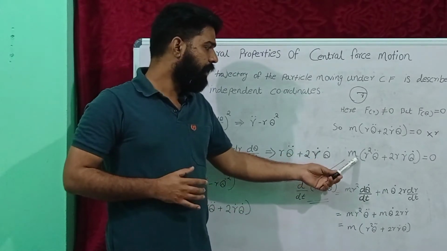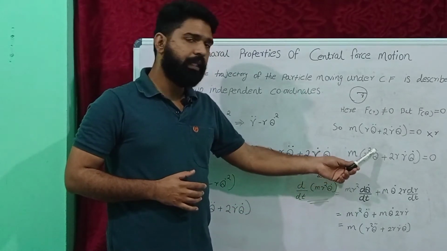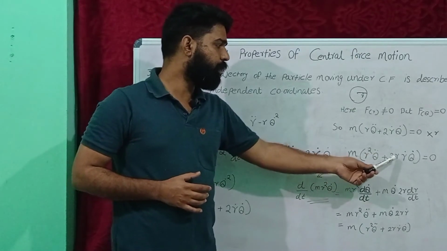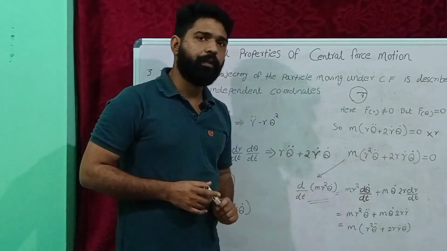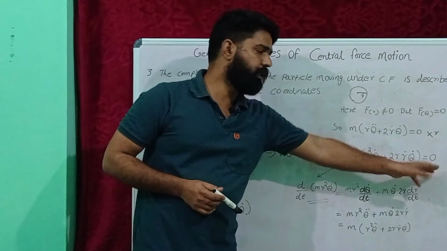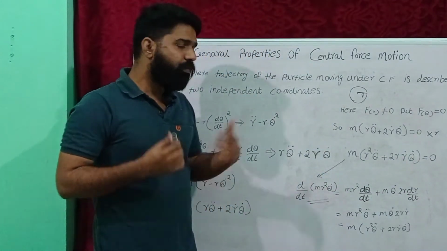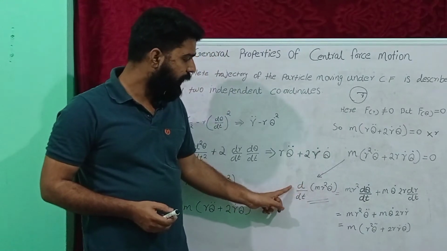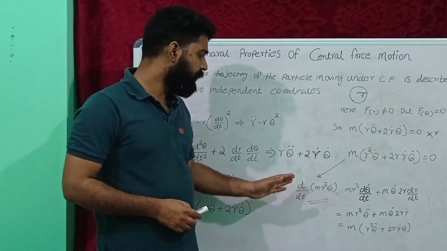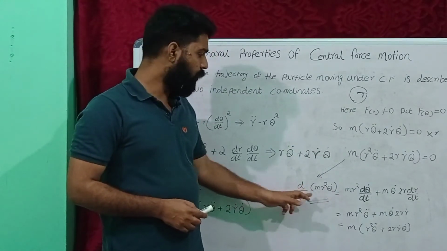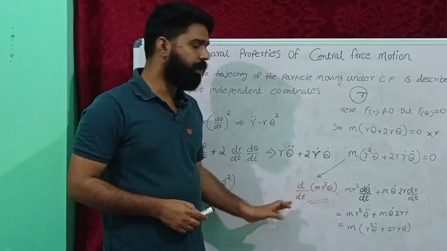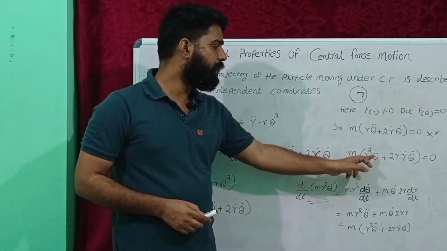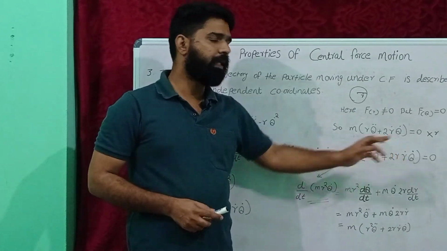Finally we get mass into (r square theta double dot plus 2r r dot theta dot) equal to 0, and we can rewrite this equation in this form, because the differential of m r square theta dot is equal to m r square theta double dot plus 2r r dot theta dot.